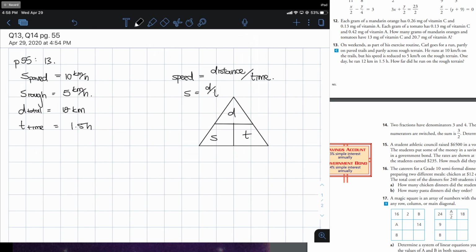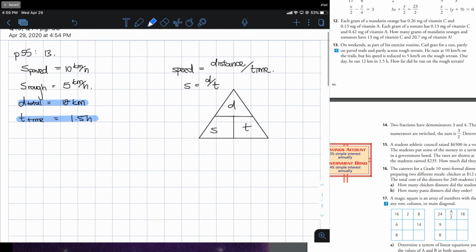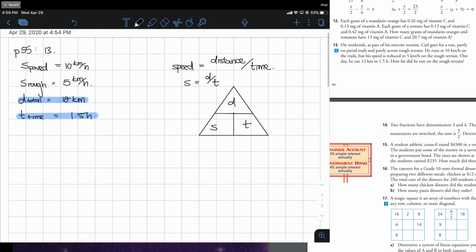So the two formulas that we're going to have to deal with here, we are going to have a formula that describes something to do with the distance, and we're going to have a formula that has something to do with the time. Those are going to be the two formulas that we developed. But first things first, let's declare what our variables are. In this question, we're looking for how far he ran on the rough terrain.